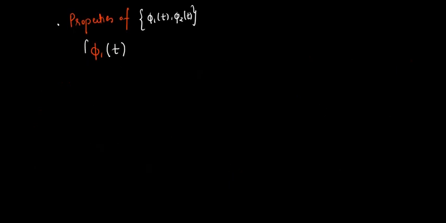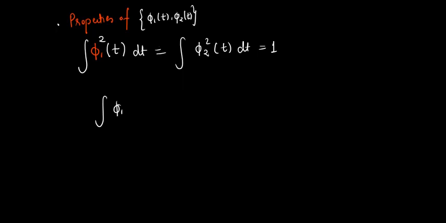The first property is that they are unit energy signals. The energy of these phi 1 t, phi 2 t is unity. And the second property is that the integral of phi 1 t into phi 2 t dt from 0 to capital T is 0.